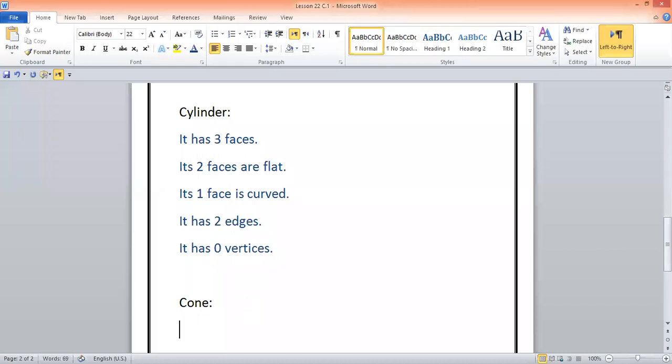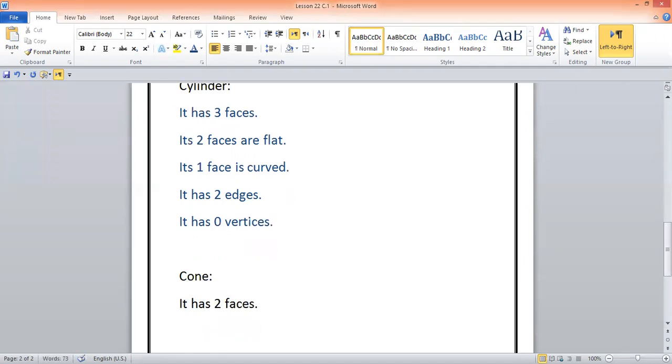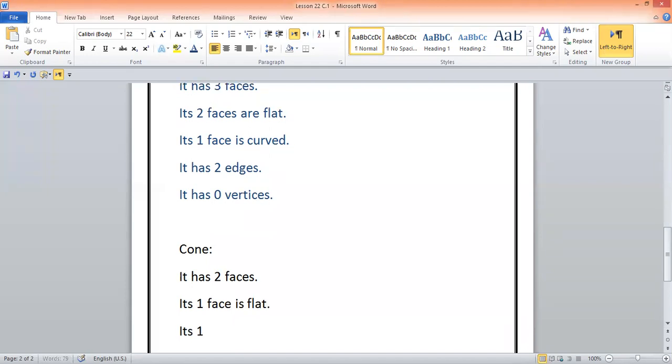Okay. All right, guys. Write about the cone now. It has 2 faces. Cone has 2 faces. Its one face is flat and its one face is curved.